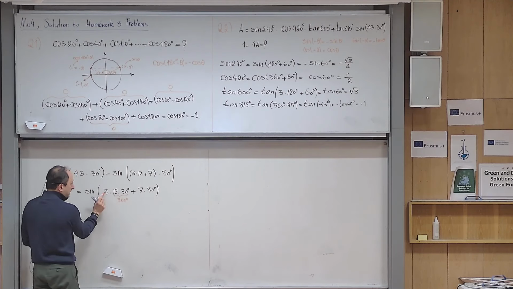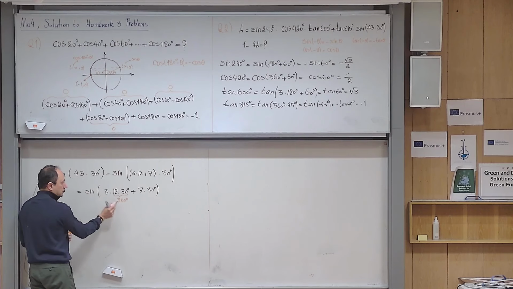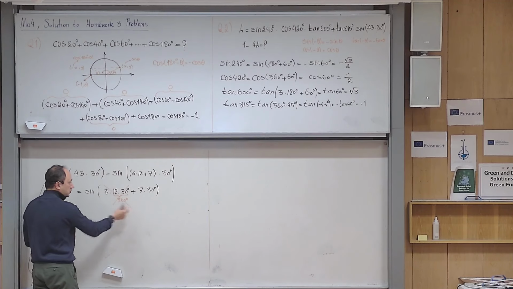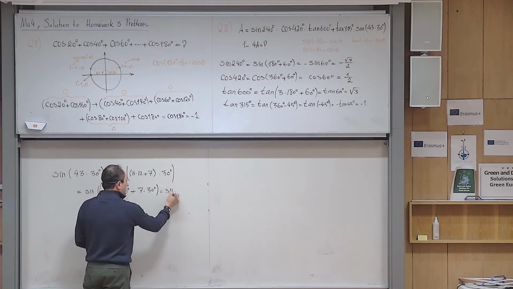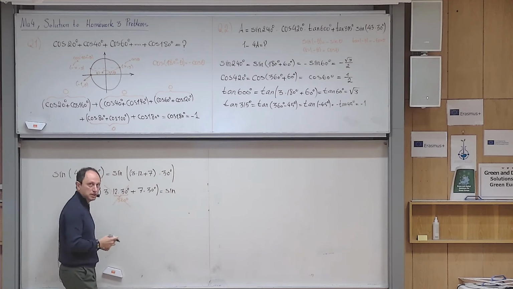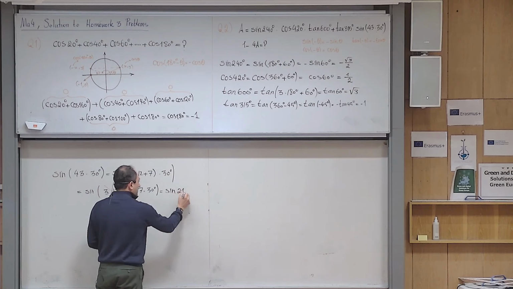Okay, but what happens here, 12 times 30 degrees is 360 degrees, and I have an integer multiple of 360 degrees in sine. Because 360 degrees is the period, this totally can be ignored. And then it becomes sine of 7 times 30 degrees, which is easy to calculate, 210 degrees.